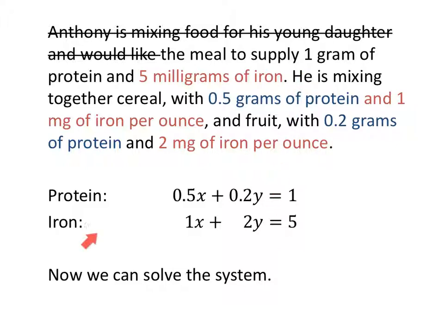Iron. I want 5 milligrams of iron. I know cereal has 1 milligram per ounce, so 1 times the number of ounces of cereal, plus fruit has 2 milligrams of iron per ounce, so 2 times y. I want that to be my total of 5 milligrams of iron.